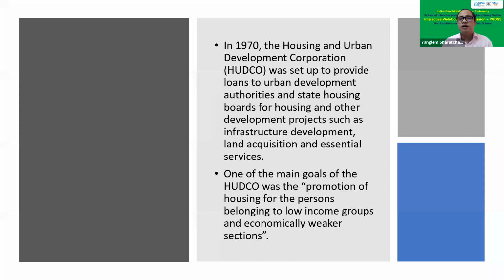Then smaller cities could be established. So in 1970, the Housing and Urban Development Corporation was set up to provide loans to urban development authorities and state housing boards for housing and other development. HUDCO was established, and its major objective was the promotion of housing for persons belonging to low-income groups and economically weaker sections of society.